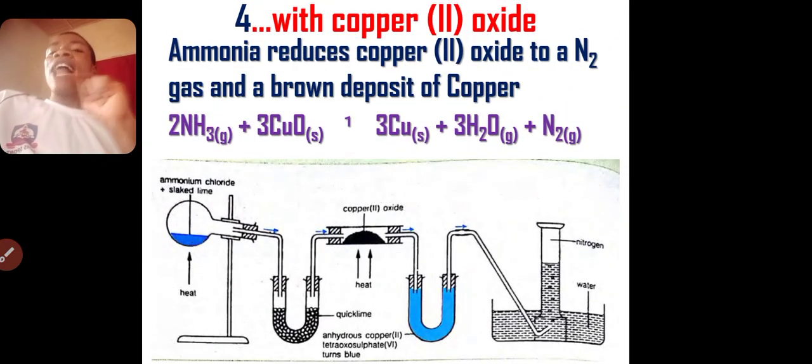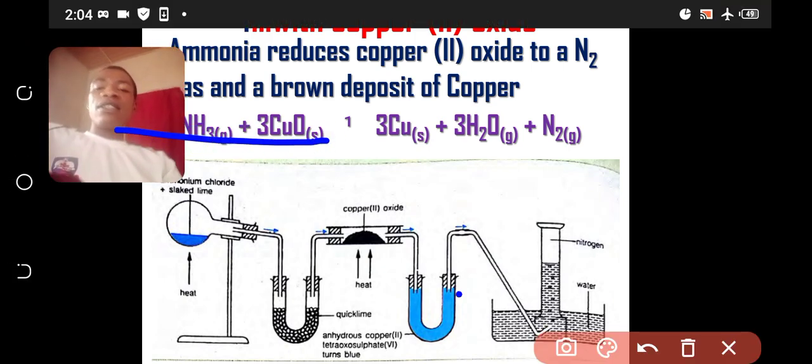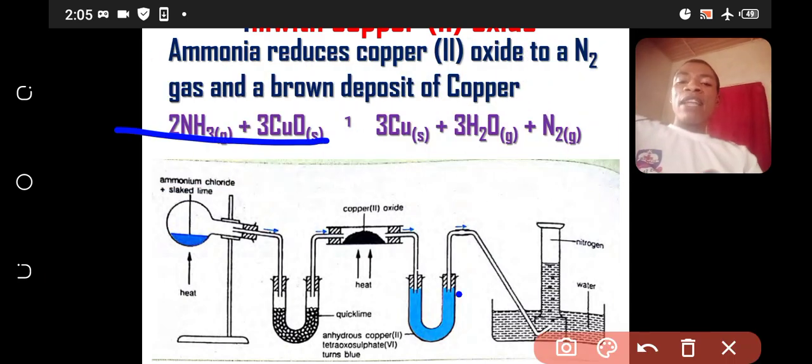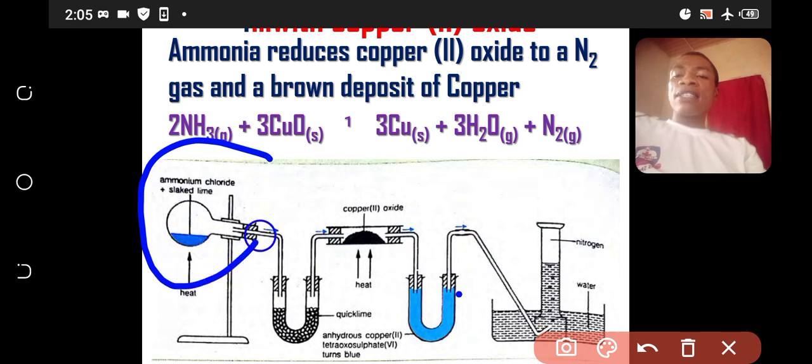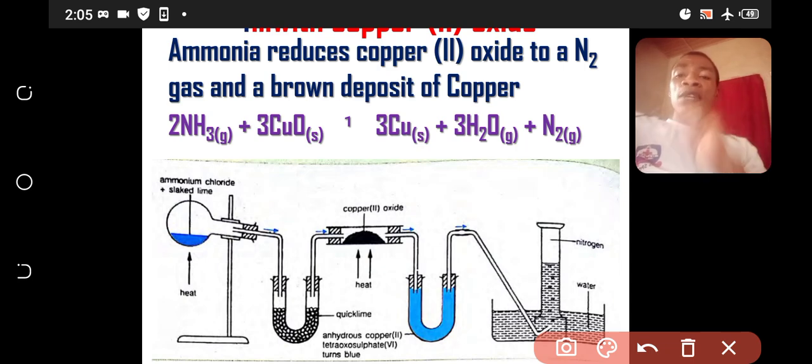Alright, let's see some other reactions of ammonia. It can also react with copper(II) oxide. Copper(II) oxide is a black solid. This setup is meant for the production of ammonia. You can see that ammonium chloride and slaked lime, those two combined, are meant for producing ammonia gas. When the ammonia gas is produced, it is dried here using quicklime.